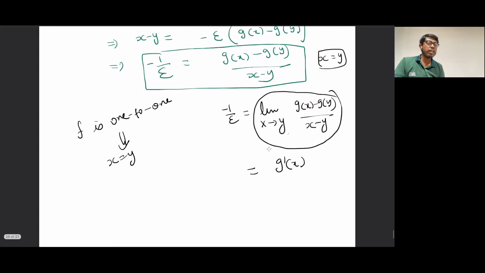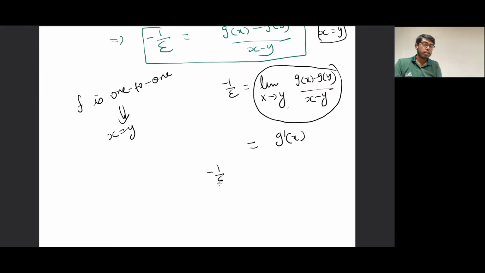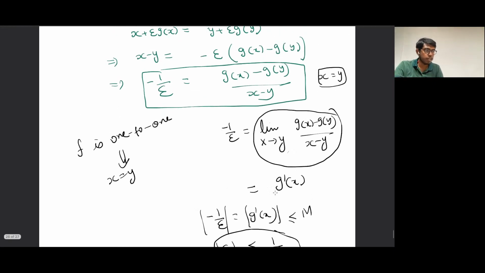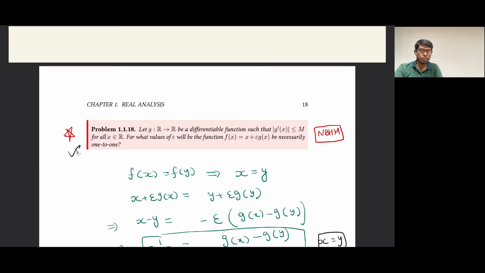And I know that g prime of x is bounded by M, and therefore epsilon will be bounded by 1 by M. So if you take any epsilon less than 1 by M, then this function will be injective. So the right answer is epsilon less than or equal to 1 by M. Is it clear to everyone?